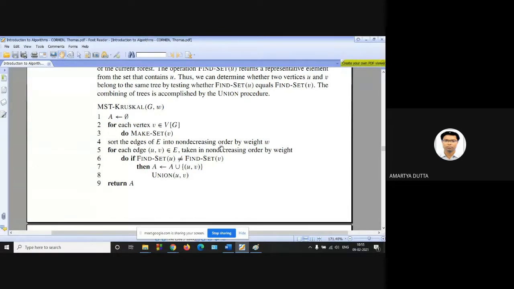So line number 4, which sort is best? Any idea? Line number 4 indicates you have to sort all the edges of the given graph by the weights. So which sort is efficient?